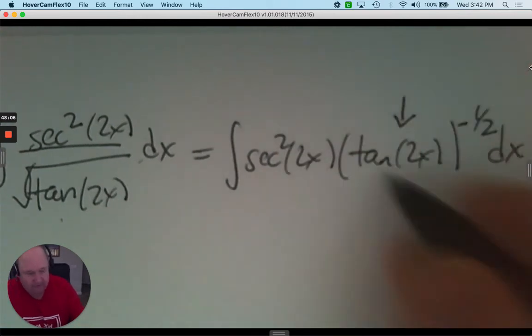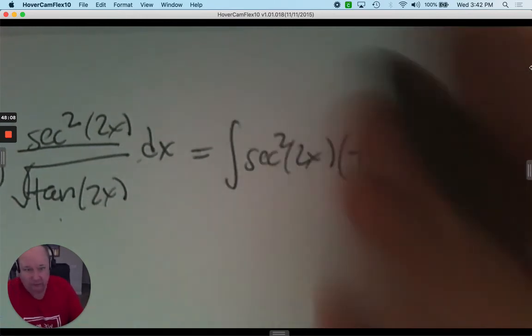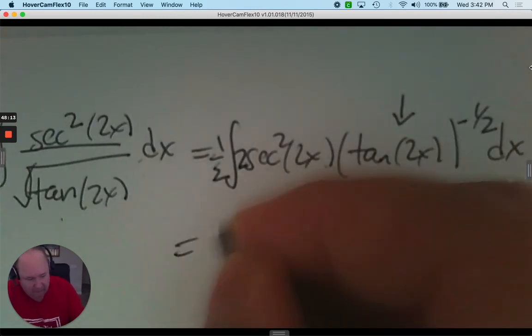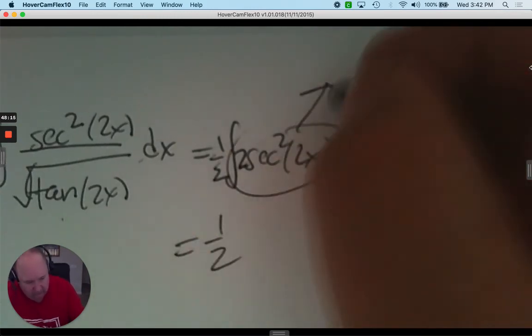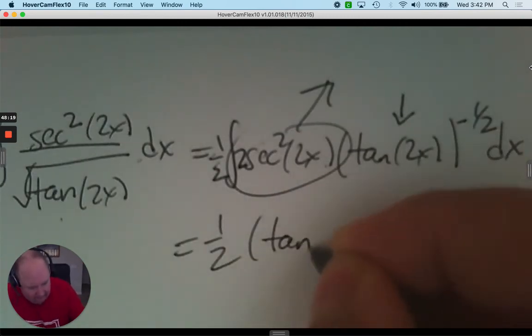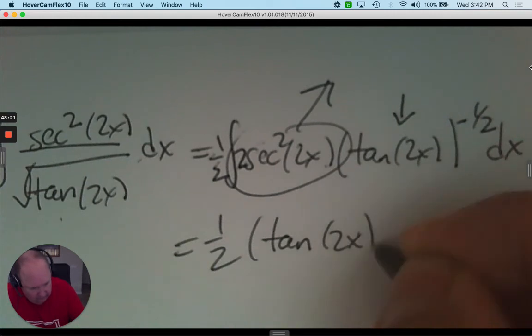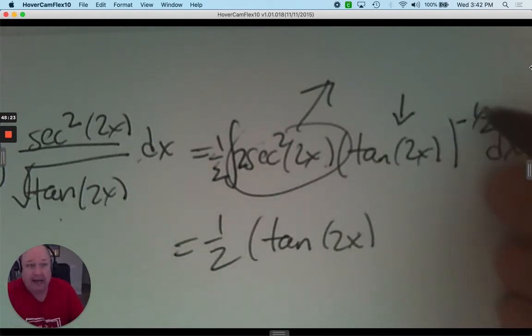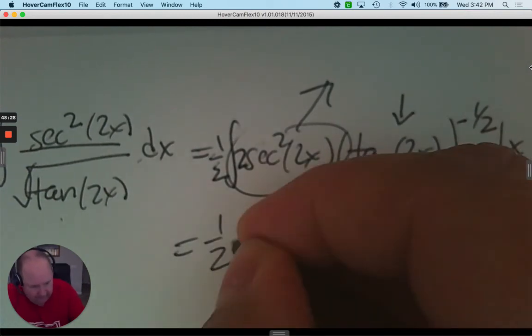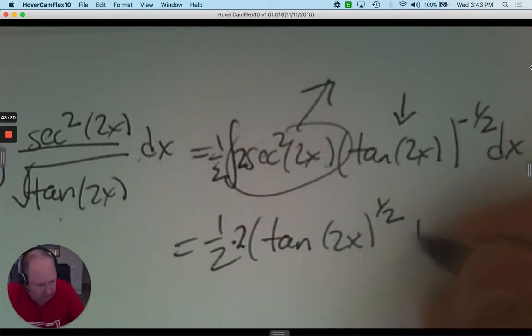The derivative of tangent is secant squared 2x, but it needs a 2 for the hook, so it needs a 1/2. So my answer is going to start with 1/2, and then I write tangent 2x, and then I'm going to add 1 to the exponent. So negative 1/2 plus 1 is positive a half, and then the reciprocal plus the constant.